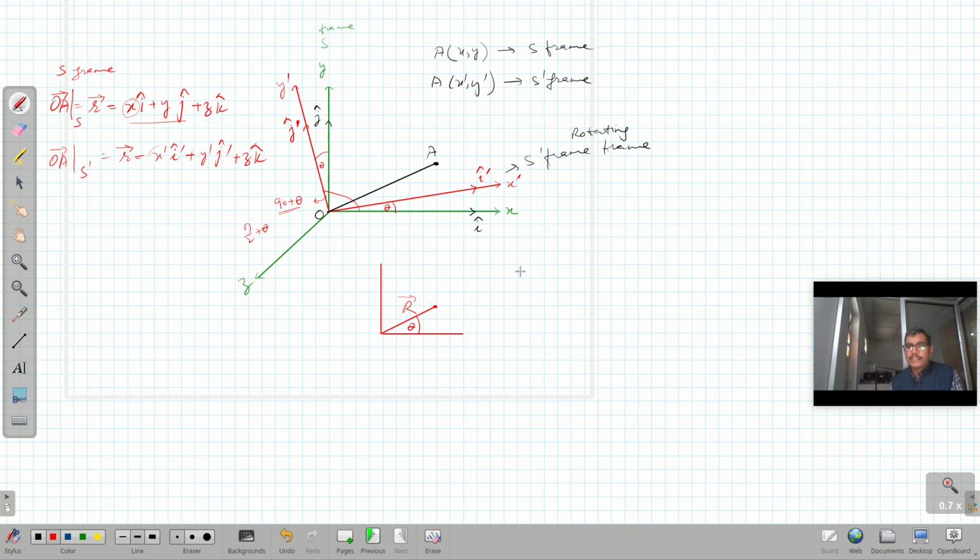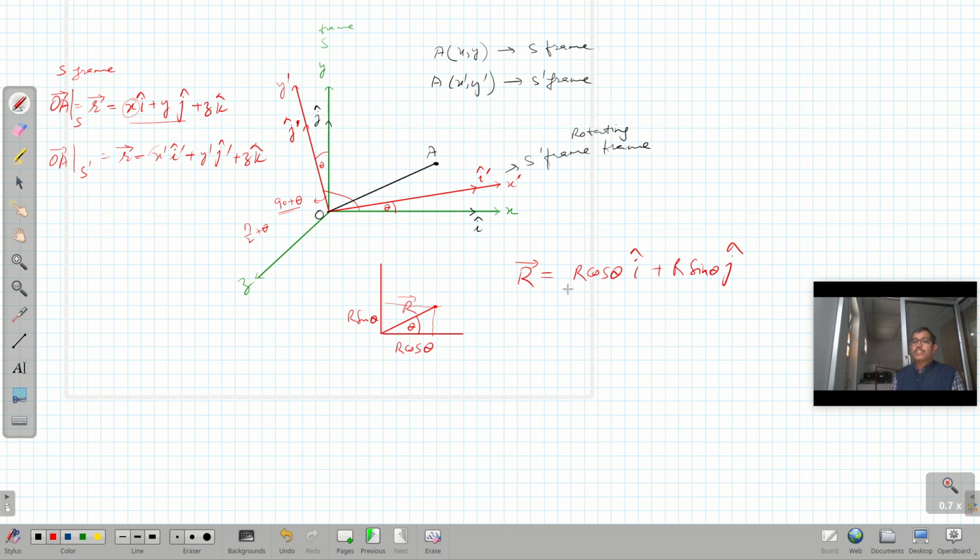So in this case, this r vector is basically, this is the x distance and this is r cos theta and this is r sin theta. So I can write it down as r cos theta i cap plus r sin theta j cap.